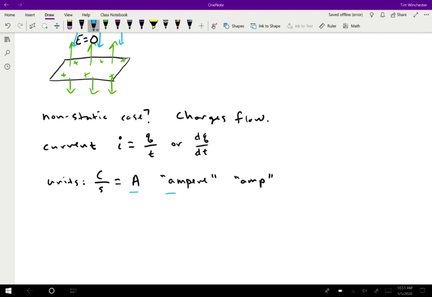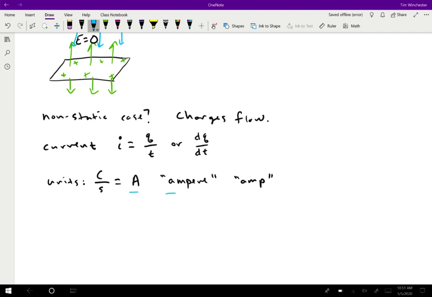All right, so one comment I want to make about the unit in amp is that this is actually a pretty ordinary sized unit. In everyday applications, it is perfectly reasonable to have an amp of current. The appliances in your home probably use anywhere between milliamps and like maybe 10 to 20 amps.